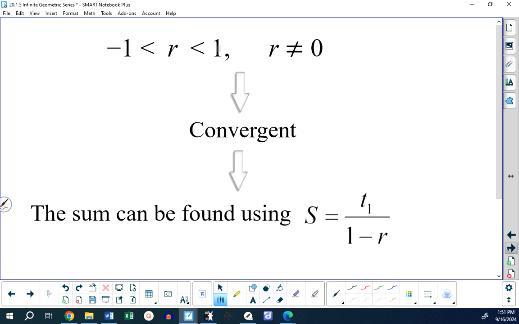We can write that this way. This statement here means the following.